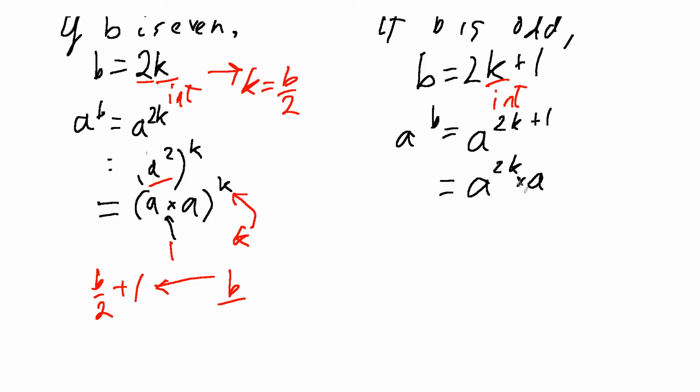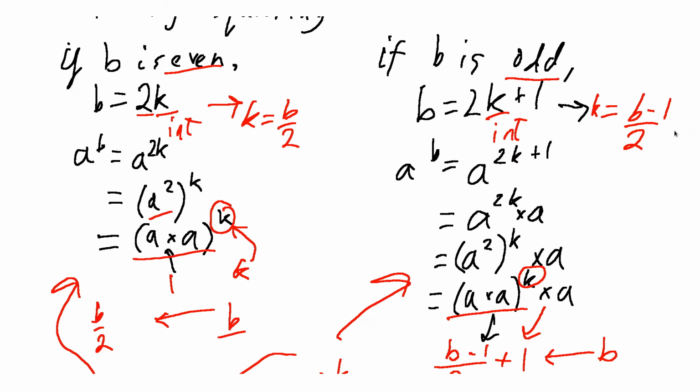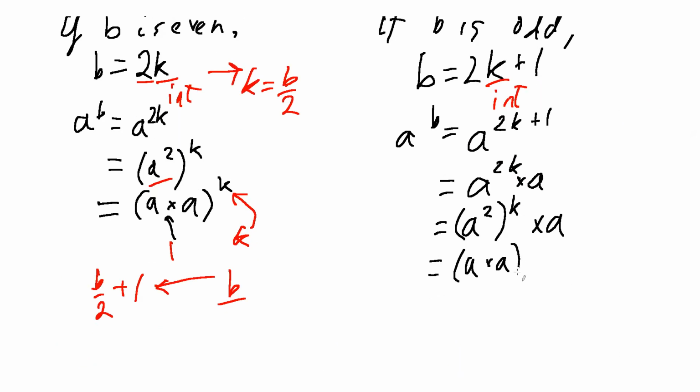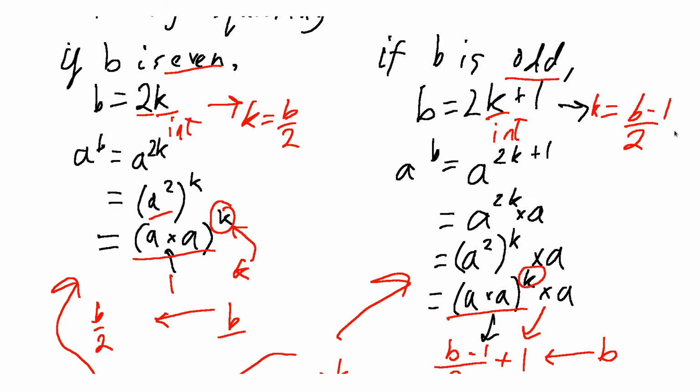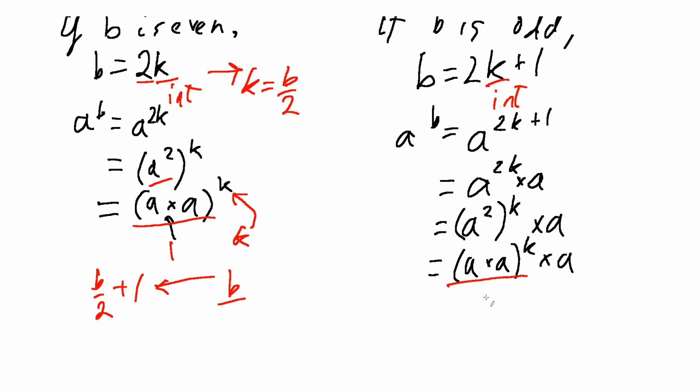And this, again, like in our first calculation with even numbers, becomes a squared to the power of k times a. Now, this expression is the same type of expression that we have here with our even numbers. So this takes 1 plus k amount of steps.